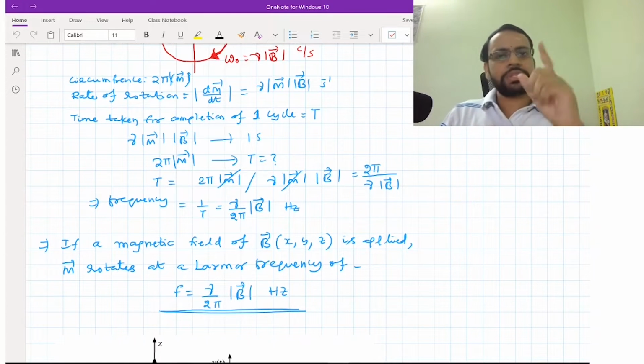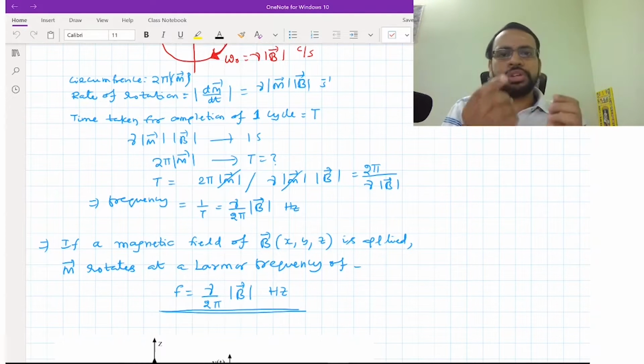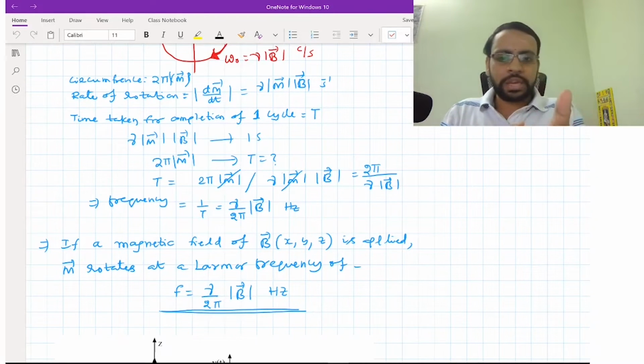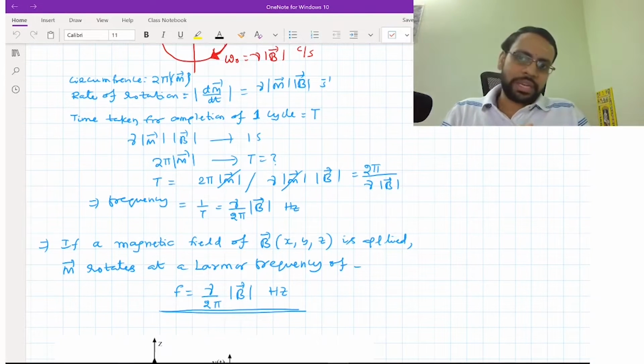Even your M bar at the macroscopic level, which is the accumulation of all your individual magnetic dipole magnetizations, would be rotating at the same frequency, given by gamma by 2 pi times the magnitude of the B bar which you have applied.